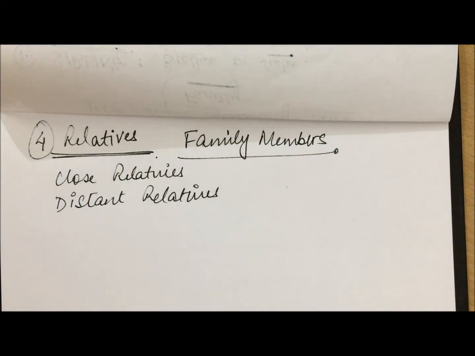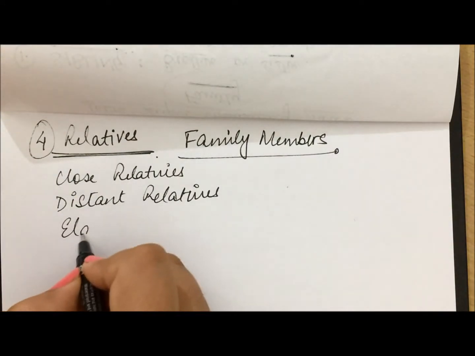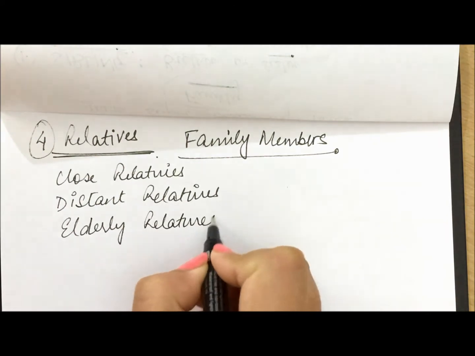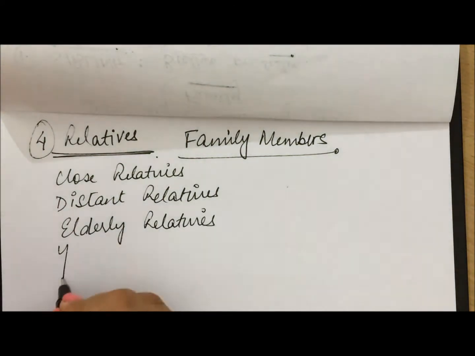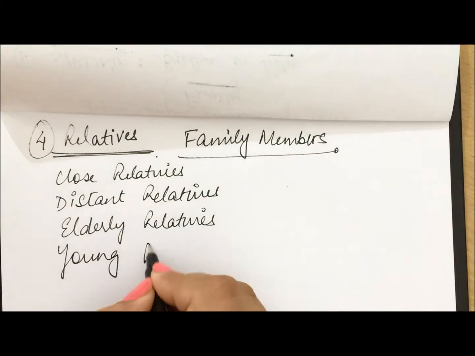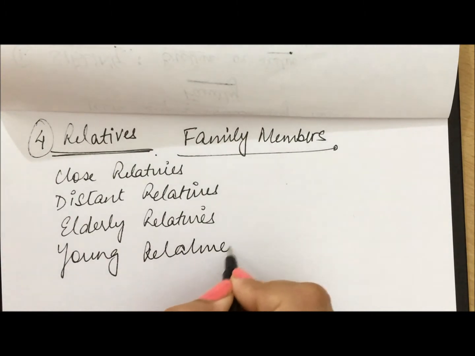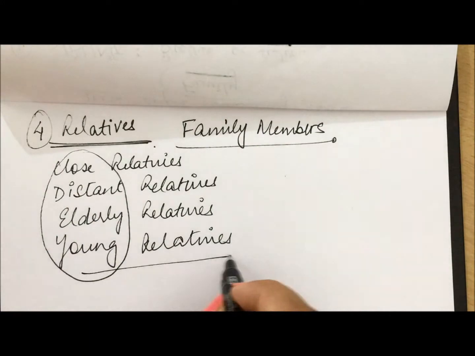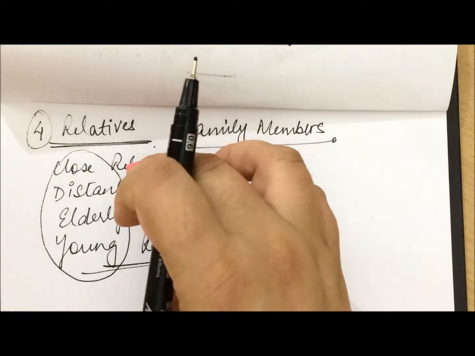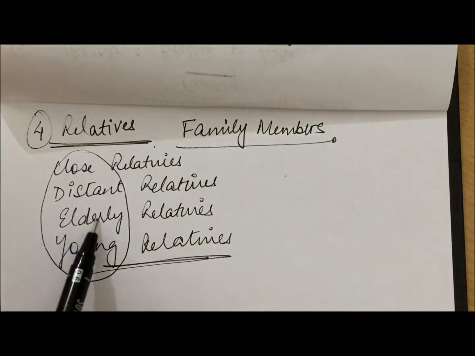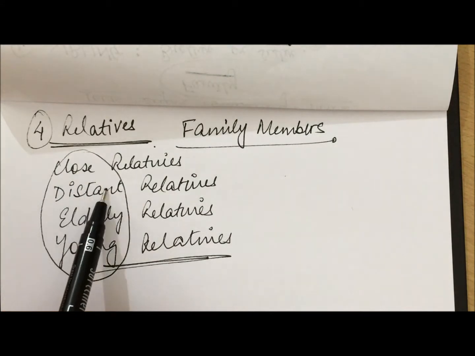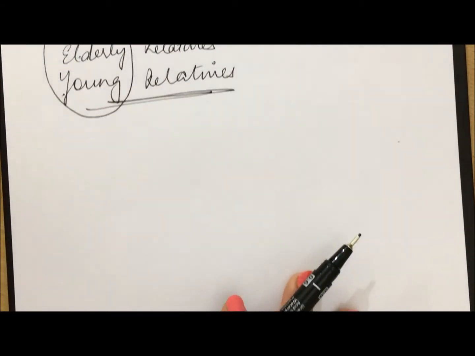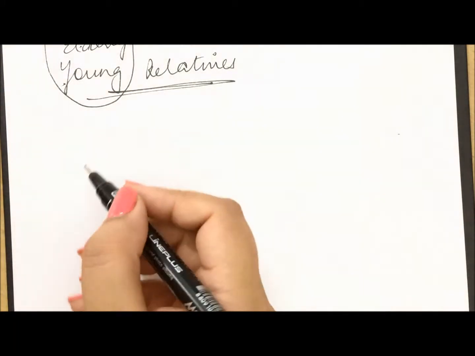The next will be elderly relatives, relatives who are older, or you can talk about young relatives. So you can specifically state with these words which type of relatives you are referring to. You can group your relatives into different categories: close, distant, elderly, and young. Okay? Let me show you some sentences that you can use for these.